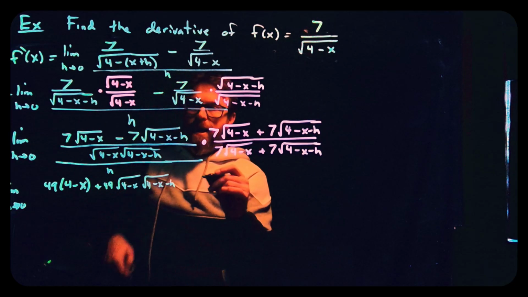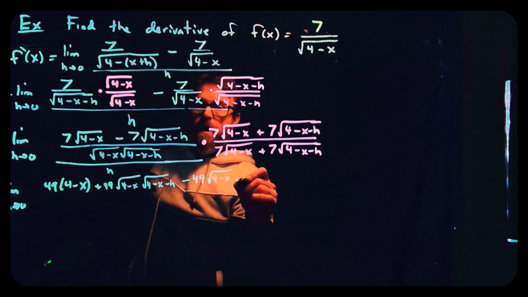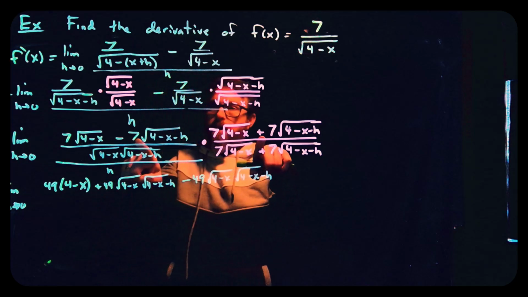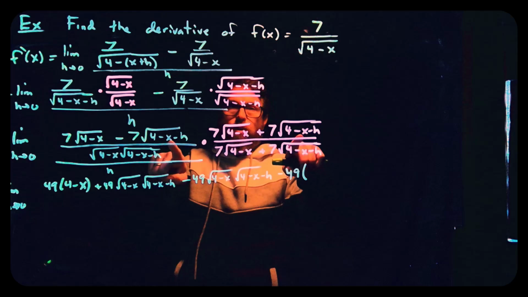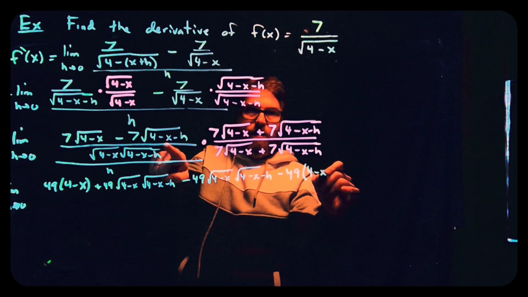And inside is actually going to give us the same thing except negative: 4 minus x root 4 minus x minus h. And then last, we had this negative 7 times a positive 7, so minus 49 times the product of these two radicals. So the radical is going to go away. We're going to have 4 minus x minus h.